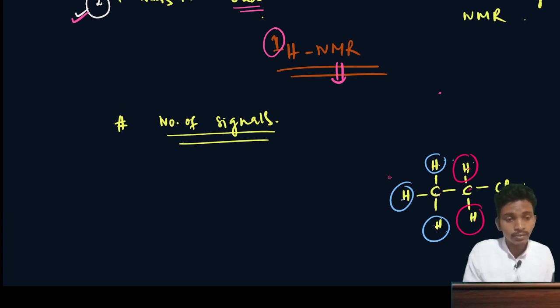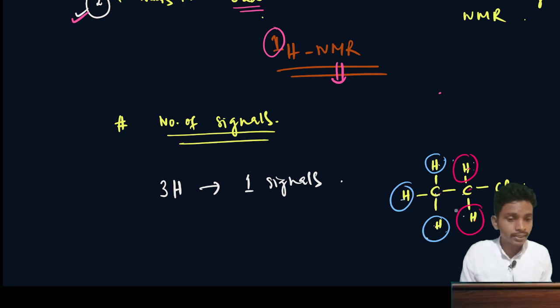From these observations, what we found is that these three are the same and these two are different. So this 3H will give one signal, and this 2H will give one signal.